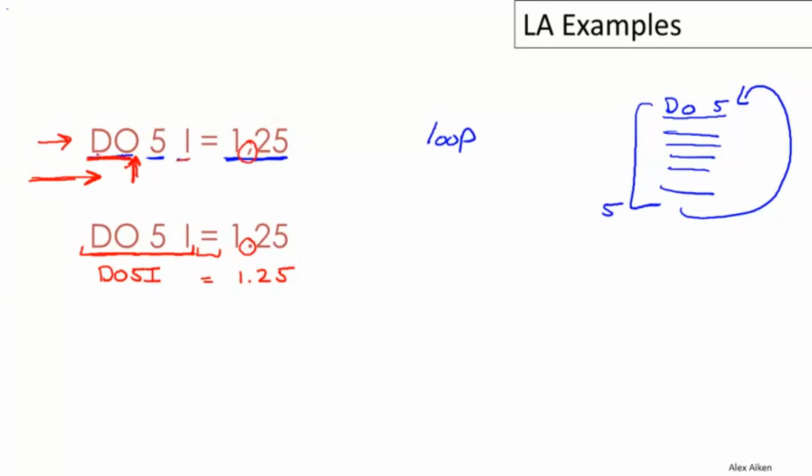Is this a keyword? Because we've seen the entire keyword do. The problem is that we don't have enough information to make that decision. We don't know whether this is do or whether it's going to eventually be part of a variable name like do5i. And the only way to know is to look ahead in the input to this position to see whether there's a comma or a period there. So this is an example of lexical analysis that requires lookahead.